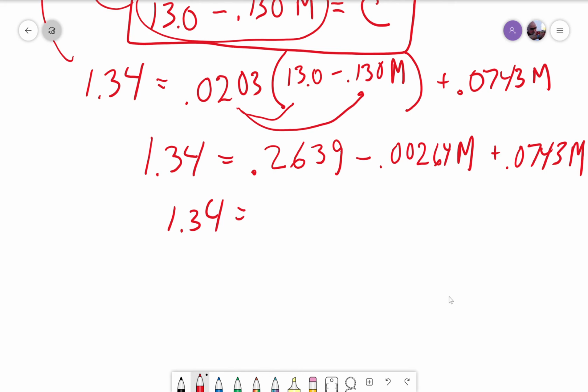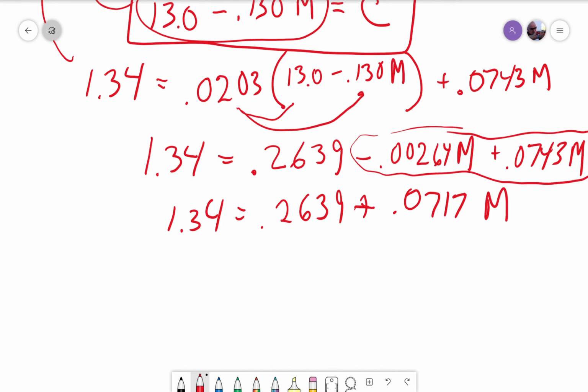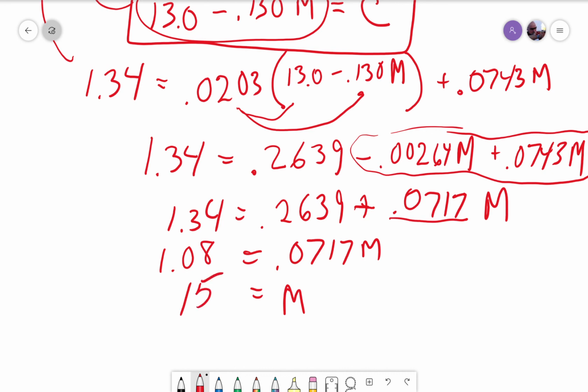And now just combining my two M terms, minus 0.00264 M plus 0.0743 M gives me 0.0717 M. If I subtract the 0.264 from both sides, I get 0.0717 M is equal to 1.08. M is equal to 15 ppm.